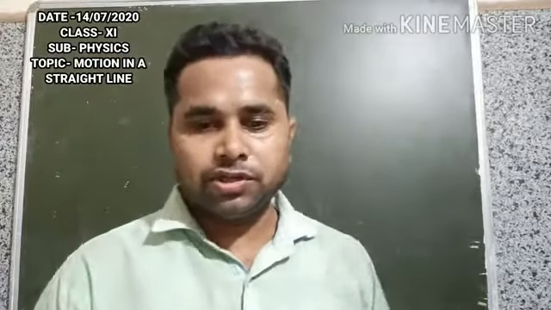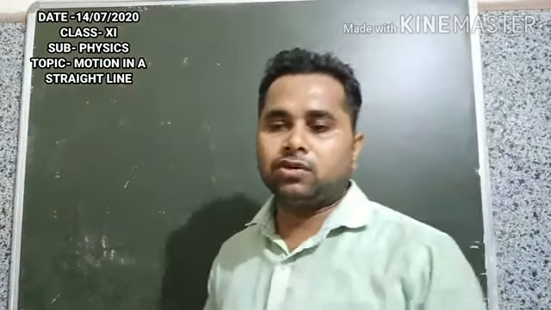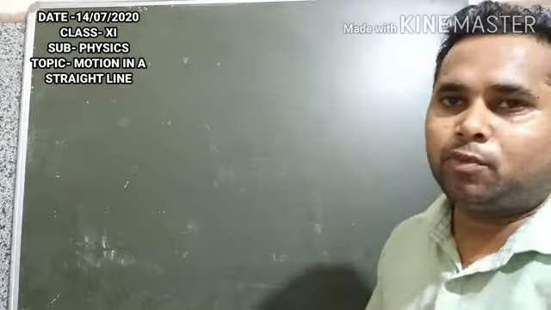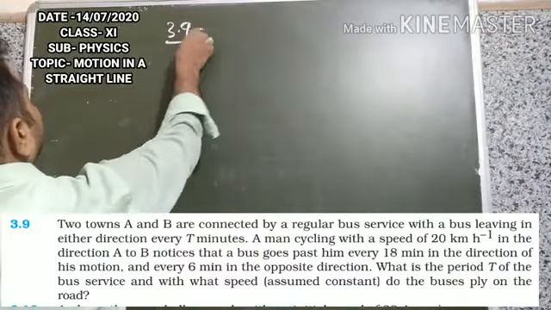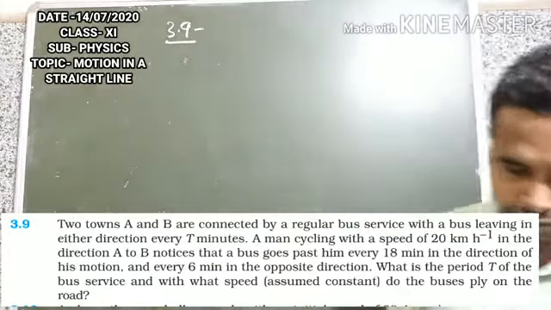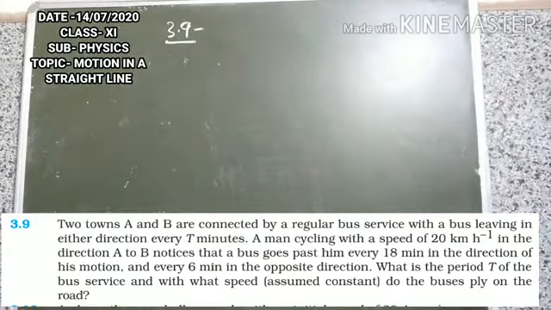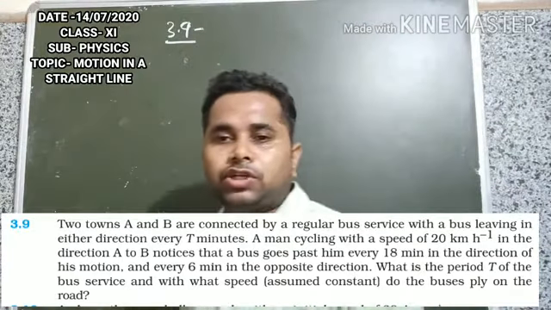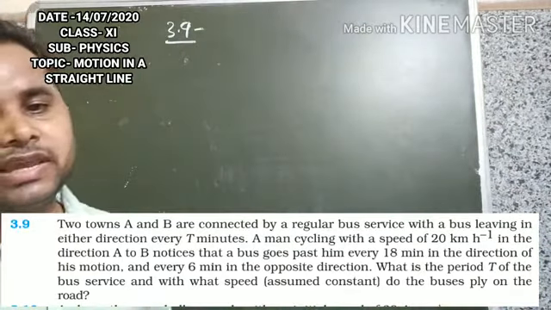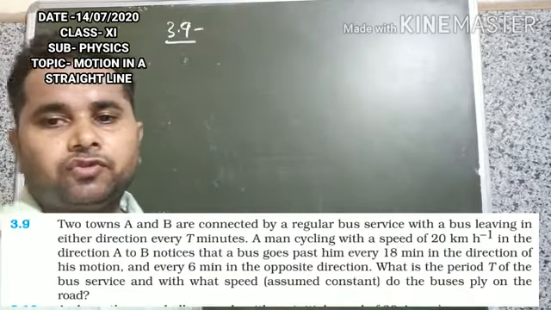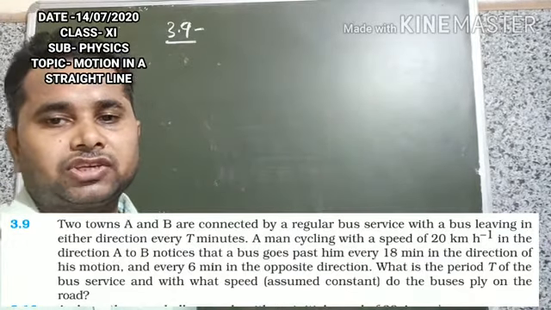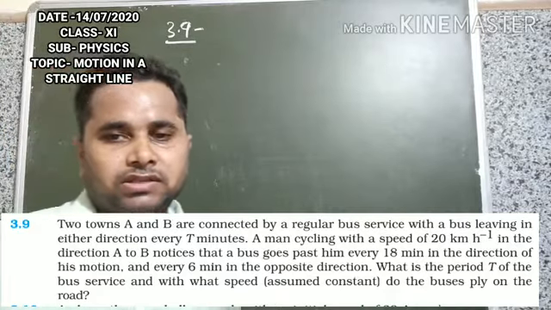Now see the next question here, question number 3.9. In this question, two towns A and B are connected by a regular bus service with a bus leaving in either direction every t minutes.